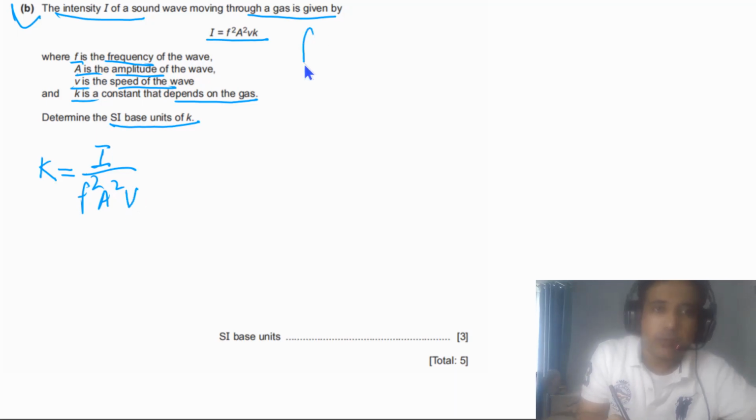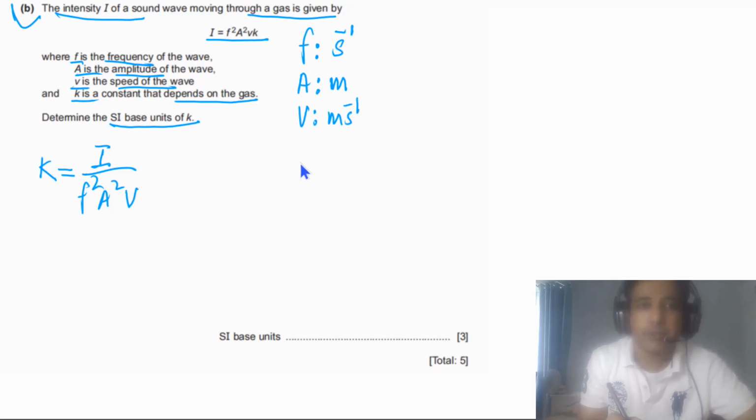First of all, we write down SI base units for each quantity. This is the proper way of writing. For frequency we have per second, for amplitude we have meter, and for speed we have meters per second. For intensity we need to understand this is equal to power over surface area.